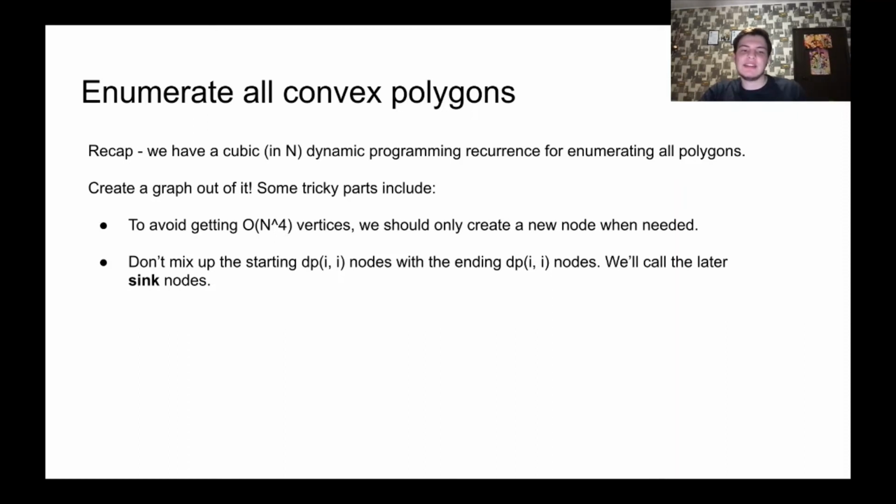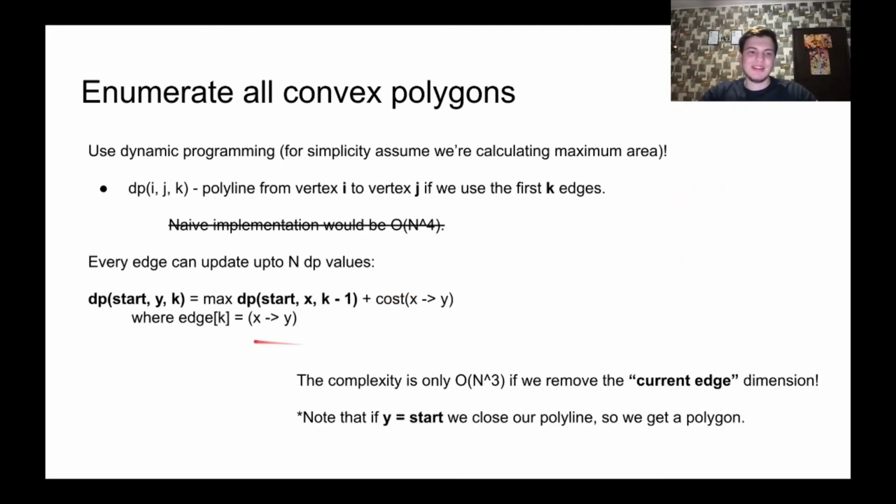The second tricky thing is to not confuse the starting DP nodes with the ending DP nodes. It's the thing I mentioned, where after the first time we have start equal to y, we don't really want to continue doing the DP.